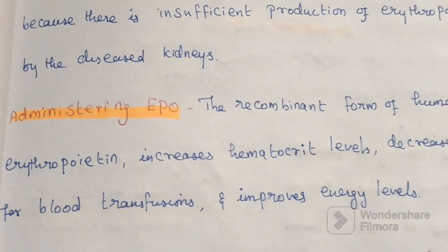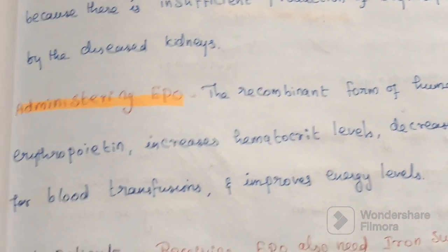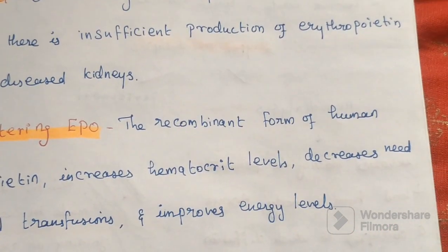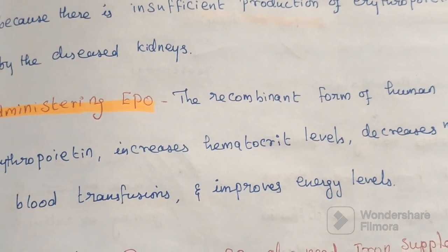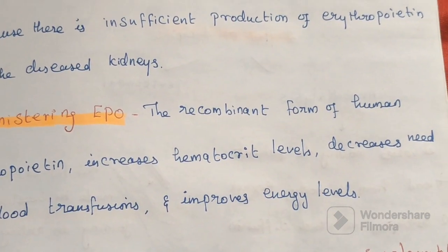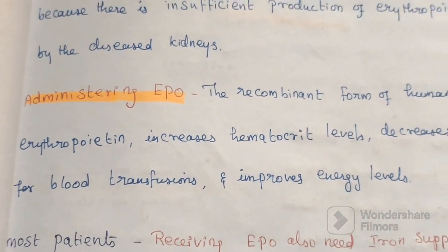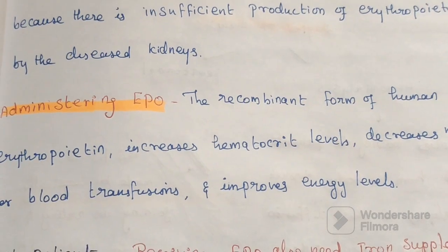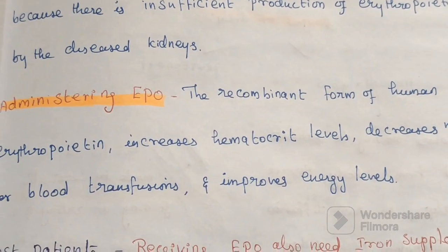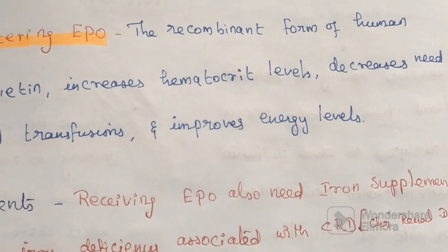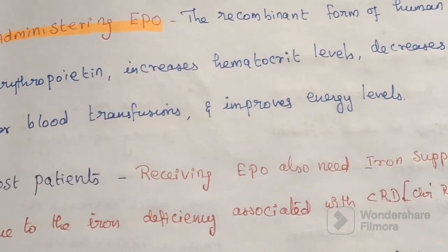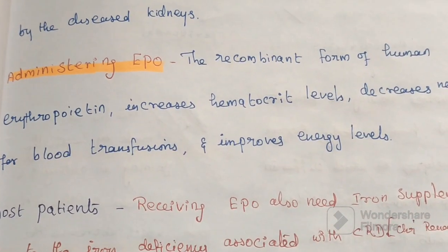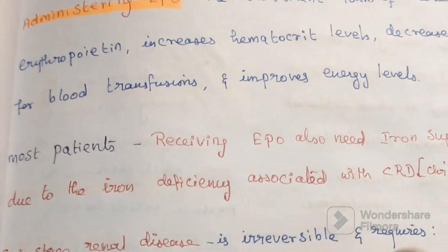Then administering EPO, the recombinant form of human erythropoietin, increases the hematocrit level, decreases the need for blood transfusion and improves energy level.